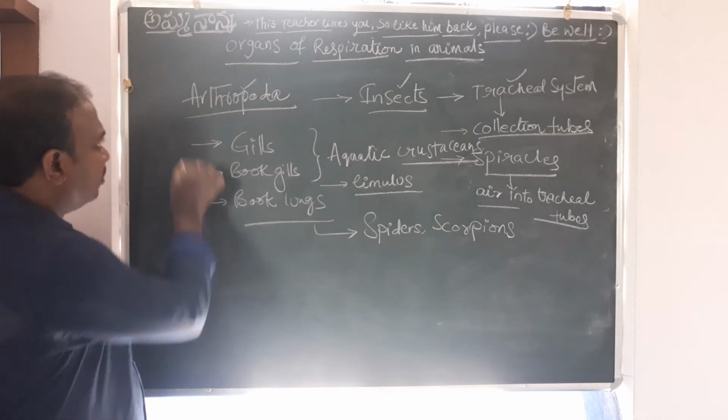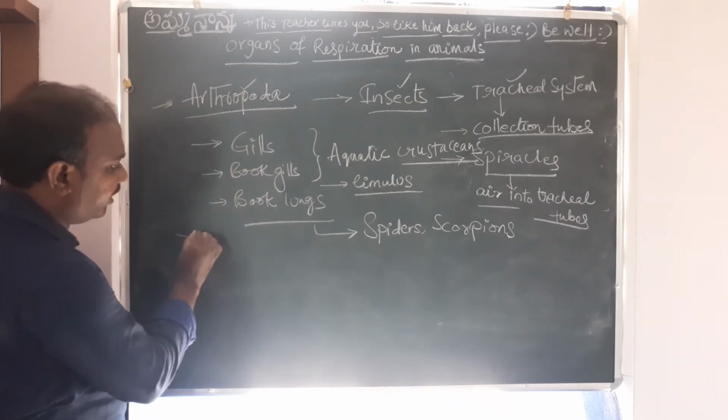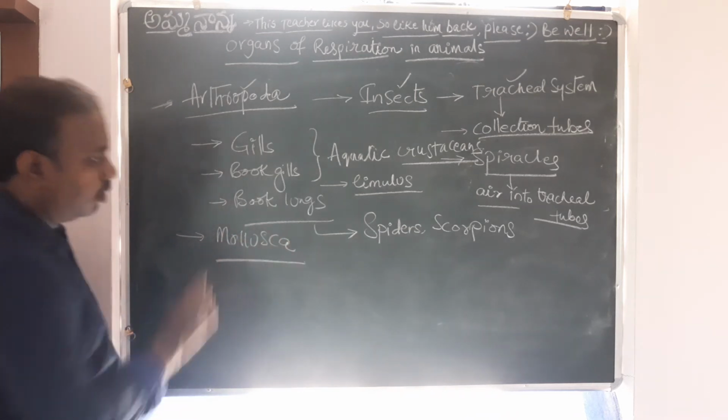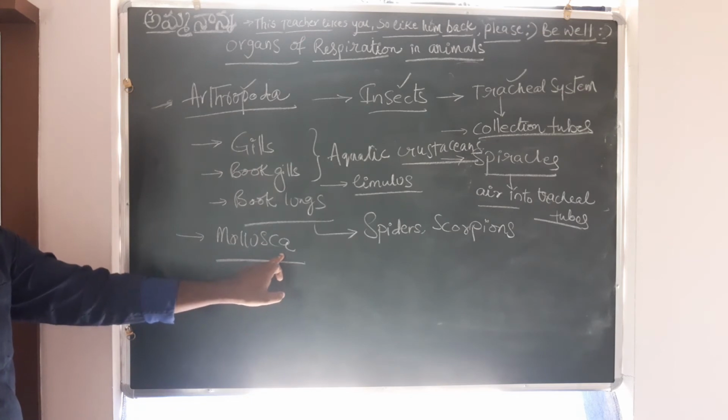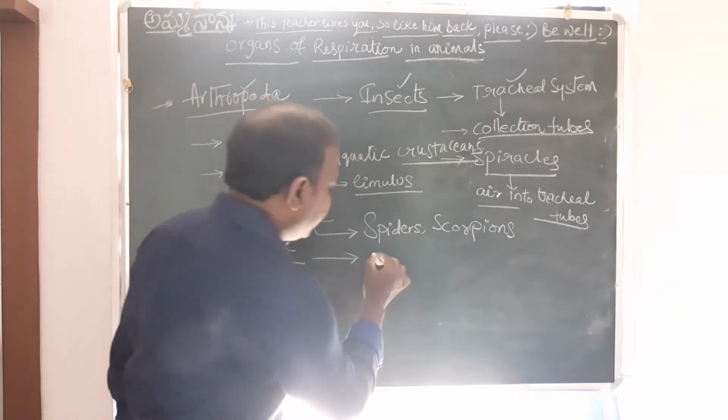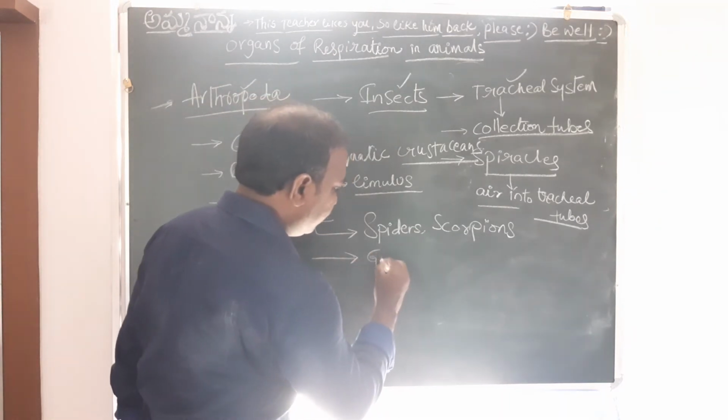And when you take up the mollusca now, the primary organs for the molluscan groups of animals are gills only.